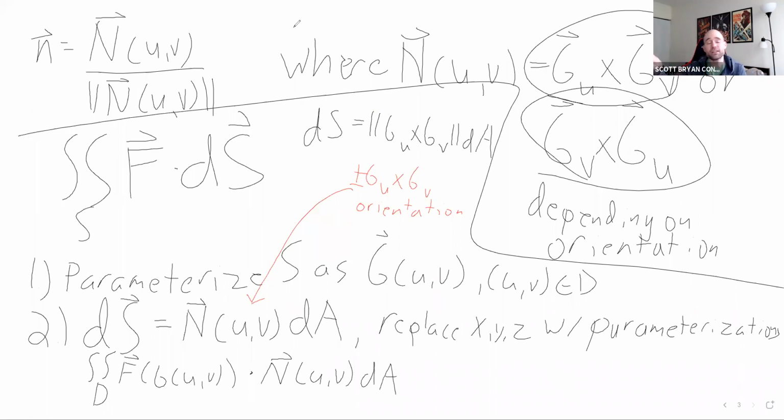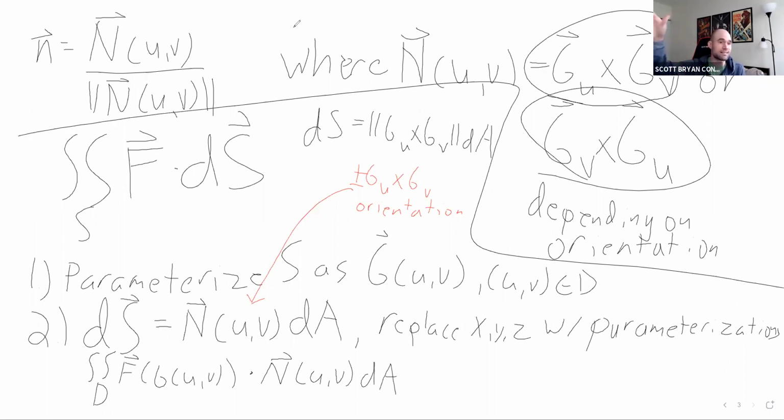If we take the magnitude, it doesn't matter whether we take plus or minus gu cross gv. We're going to get the same magnitude. Now we need to be mindful of the orientation. So I'm going to call it N of uv, and that's going to be either gu cross gv or negative gu cross gv, depending on the orientation.